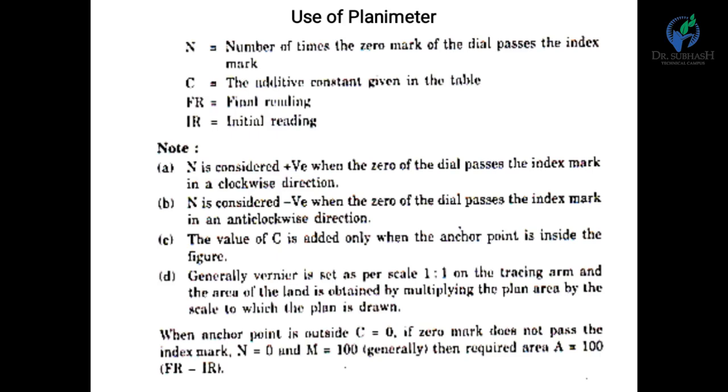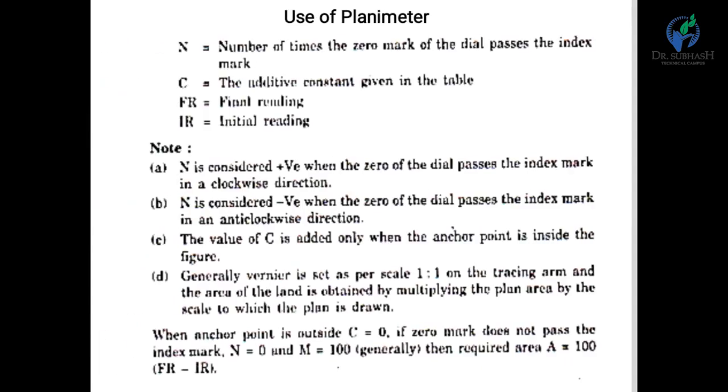Otherwise, we put C equal to 0. And generally, the vernier is set as per the gem on the tracing arm, and the area on the land is obtained by multiplying the plan area by the scale to which the plan is drawn.